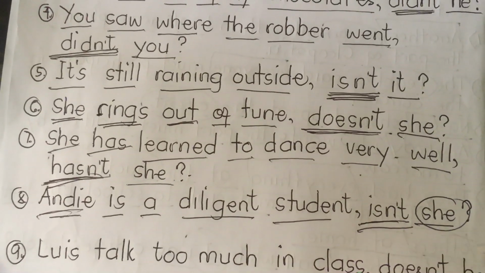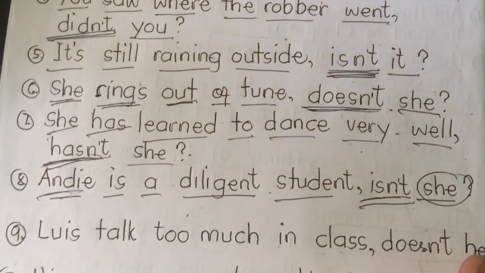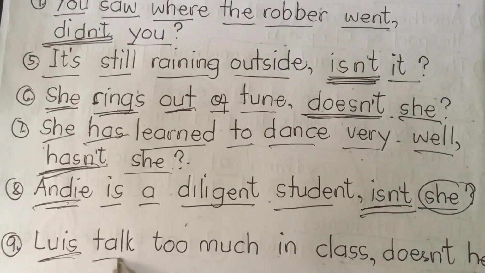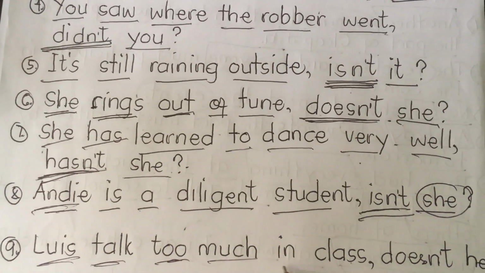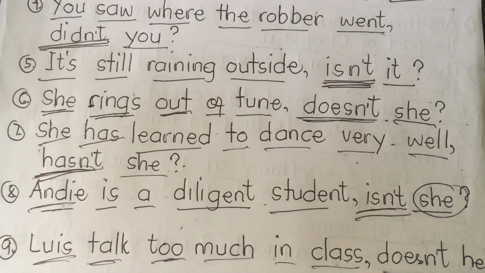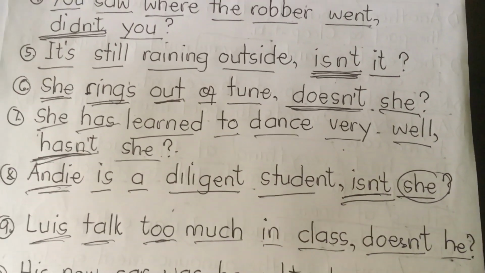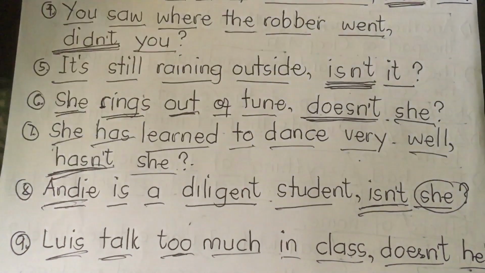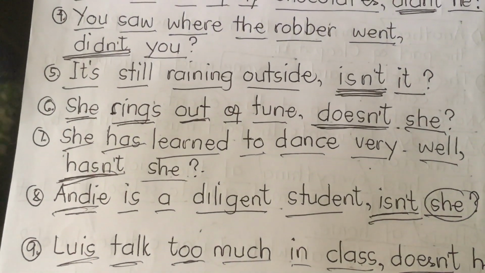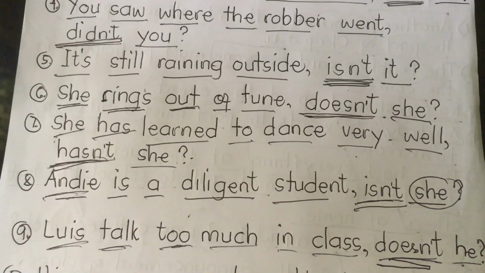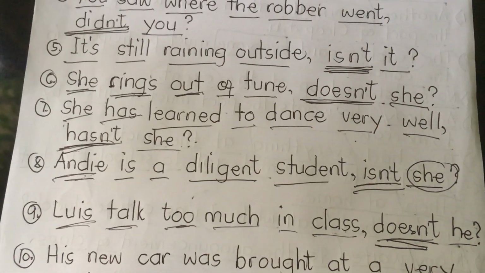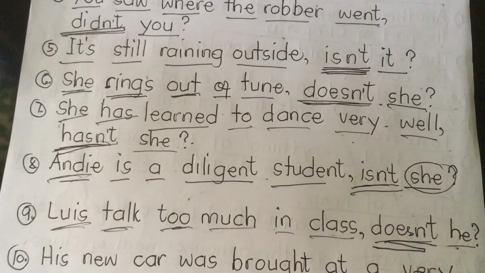Isn't, or is not, is obviously our tag question, my dear viewers. Louis talked too much in class, didn't he? So we're asking if Louis talked too much inside the class. We're going to double underline the word didn't, which is the tag question.